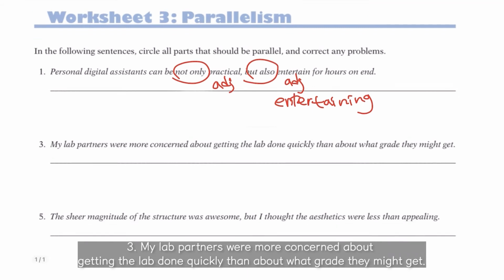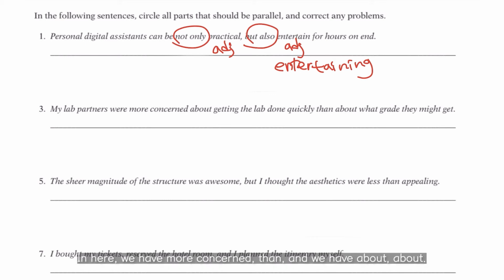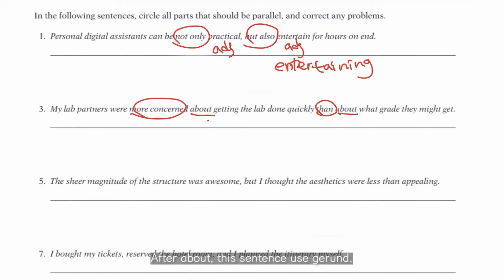And number 3, my lab partners were more concerned about getting the lab done quickly than about what grade they might get, right? In here, we have more concerned than, and we have about, right? So after about, this sentence uses a gerund, so the latter part of the sentence should use a gerund too, right?